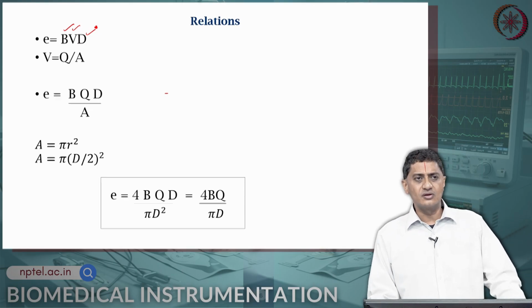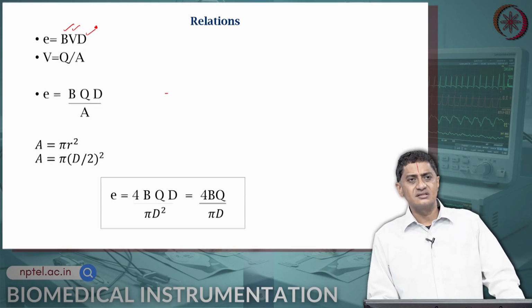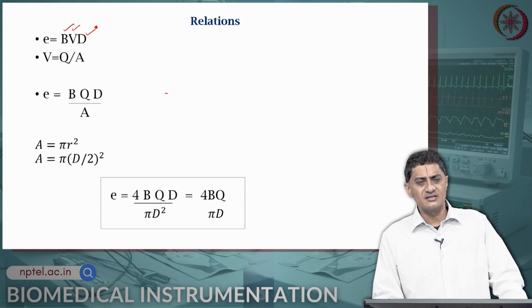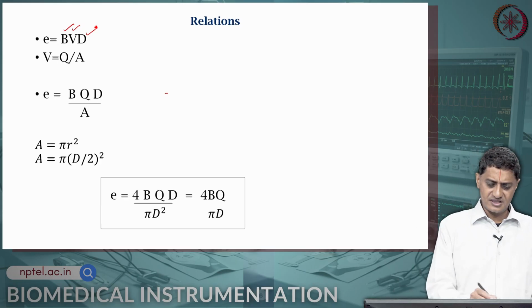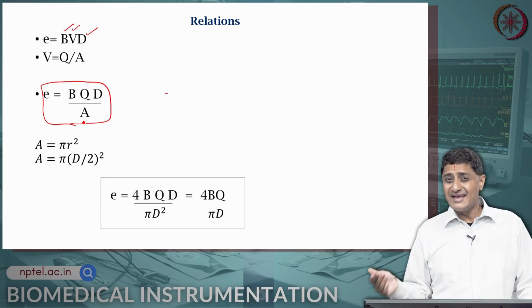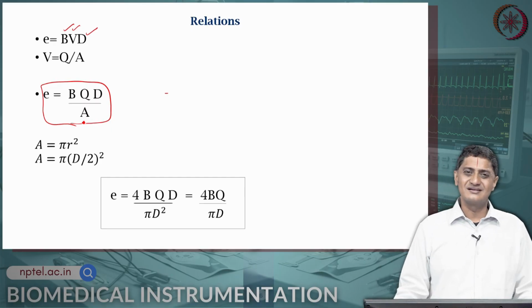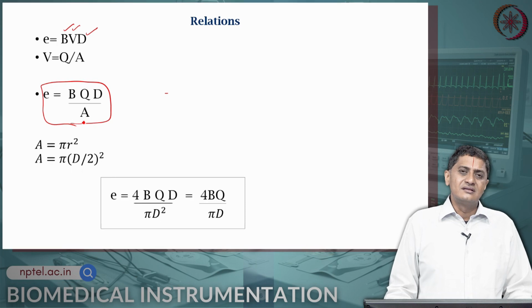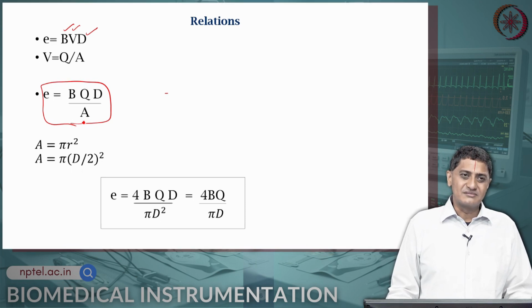And so, I could essentially relate the EMF to Q, substituting for v as Q by A in the relation for EMF, I will essentially get BQd by A. But then A is pi r squared, where r is the radius of the blood vessel, but that is d by 2, where d is the diameter.